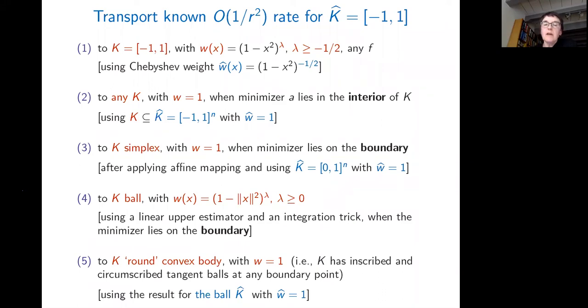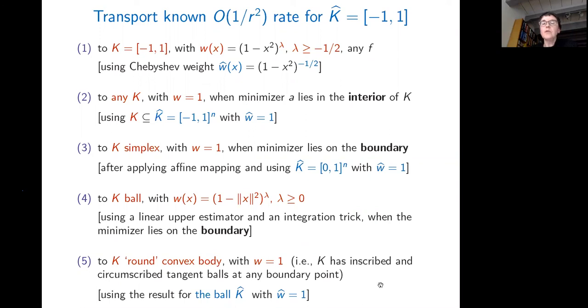We mean that if you take a boundary point, there is a circumscribed tangent ball, and there is an inscribed tangent ball sitting inside K. So really for every boundary point you can find a tangent ball inside and a tangent ball outside. So the boundary is very ball-like. This can also be characterized in terms of conditions on the boundary, which would be C2 and some strongly convex property. I forgot exactly, but this can be characterized.